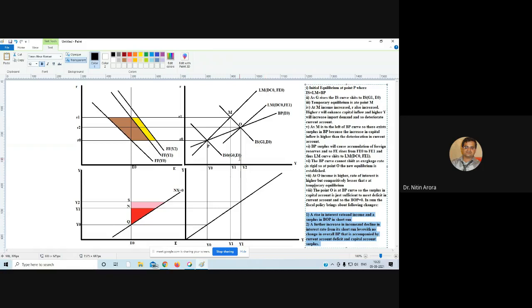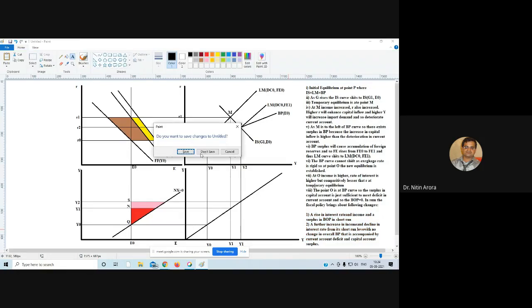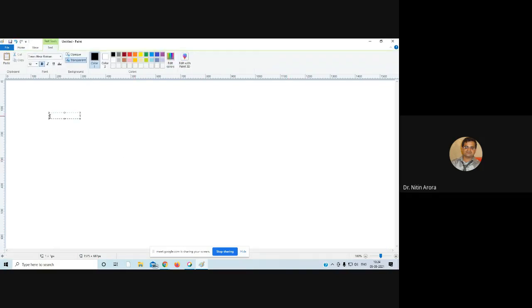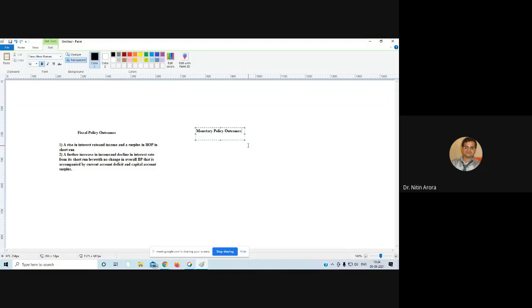Let us compare fiscal policy and monetary policy in fixed exchange rate system. These are the fiscal policy outcomes. Now let us talk about monetary policy outcomes.